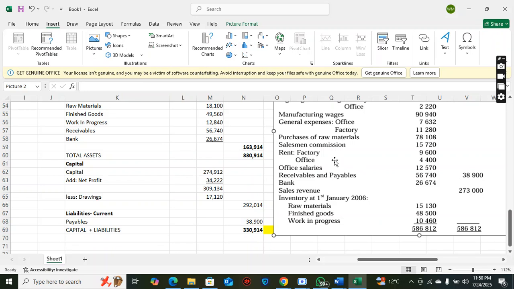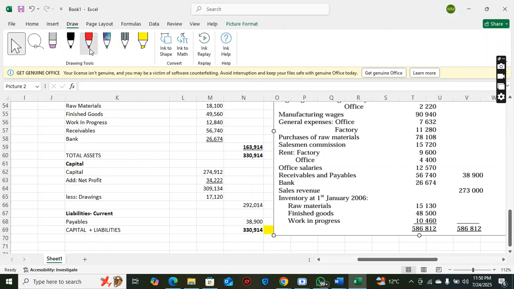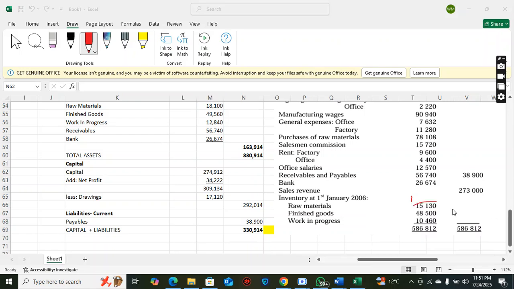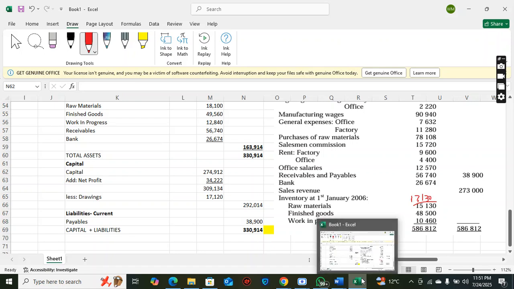For your study's sake, put 17,130 here in the document that you have. Put 17,130. Then it will balance for you.